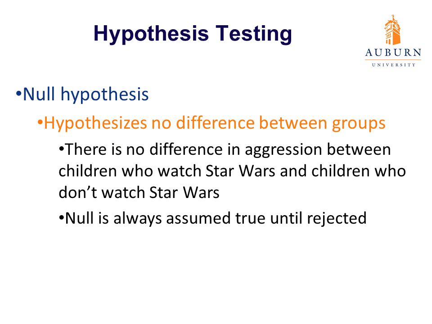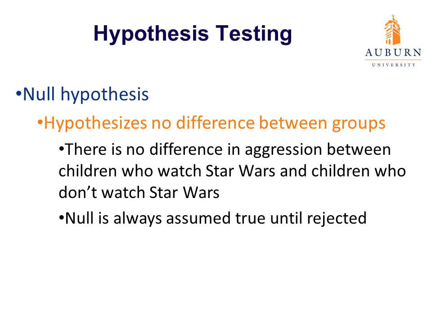Let's first talk about the null hypothesis. The null hypothesis states that there's no difference between our groups or among our variables. In this particular case, if I'm looking at Star Wars and its influence on aggression, the null hypothesis would be that there is no difference in aggression between children who watch Star Wars and children who don't. In other words, Star Wars has no effect on the aggression level of children, so nothing's going on.